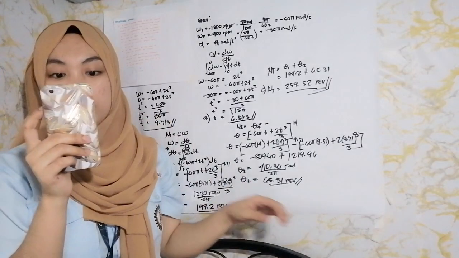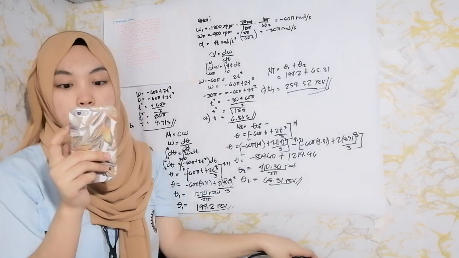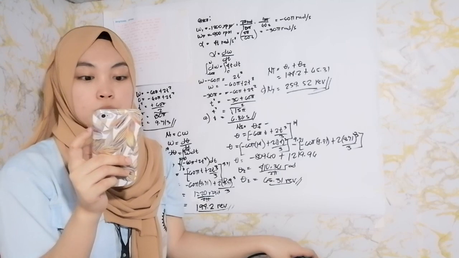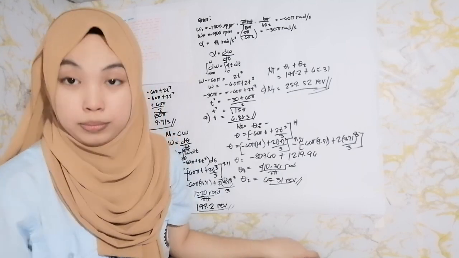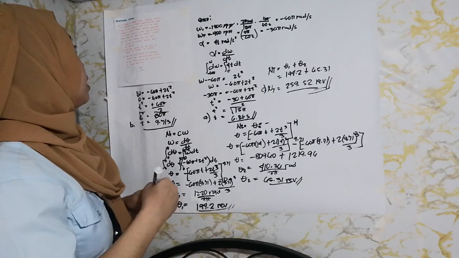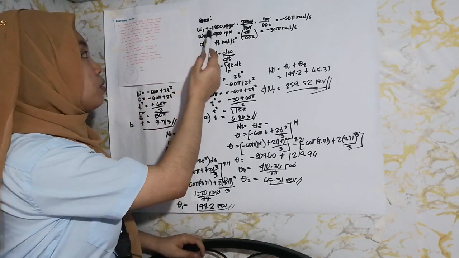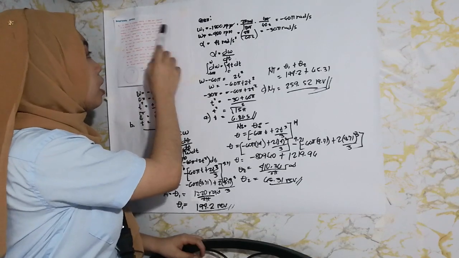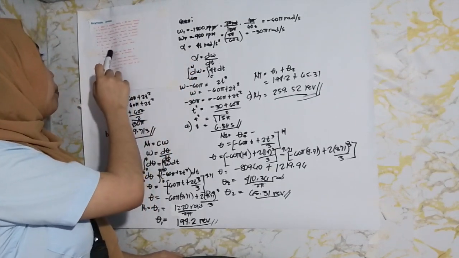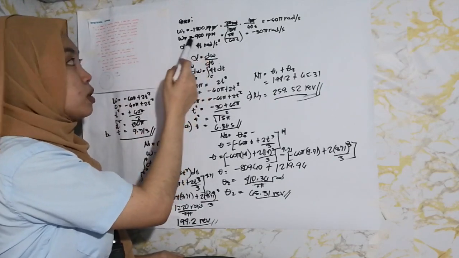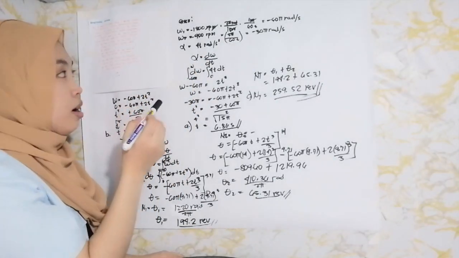For letter A, what we are looking for is the time required for the wheel to reduce its clockwise angular speed to 900 RPM. We are given an initial angular velocity of 1,800 RPM, and the final angular velocity is 900 RPM.